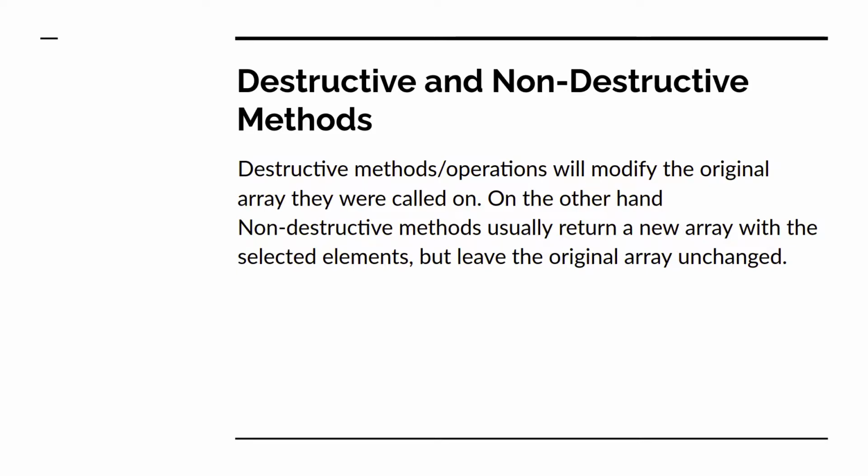It means that suppose you are invoking a method on an array, then after performing that operation the resulting array will be the original array. Or you can say that your original array will be changed by the result you receive. On the other hand, non-destructive methods usually return a new array with the selected elements but leave the original array unchanged. Let me show you an example.